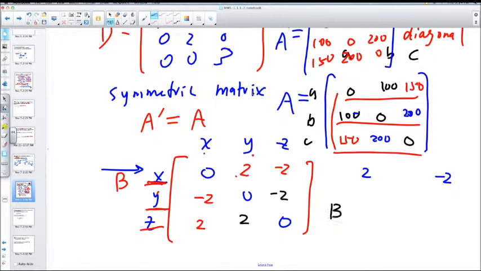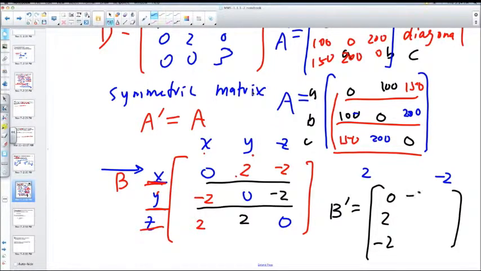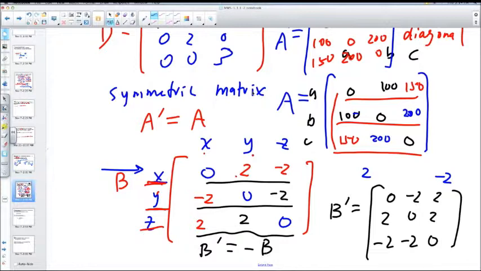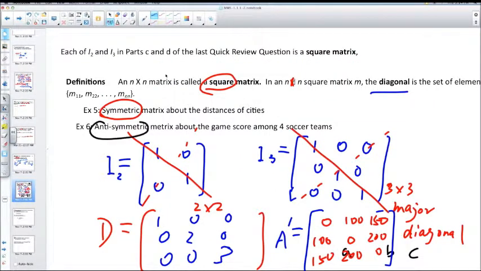You're going to check B. If you transpose, the first row becomes the first column, the second row becomes the second column, the third row becomes the third column. What's happening? B transpose equals negative B. And that we give a name, again, called anti-symmetric. That's our example. Oh, that's only 3 teams to save time.